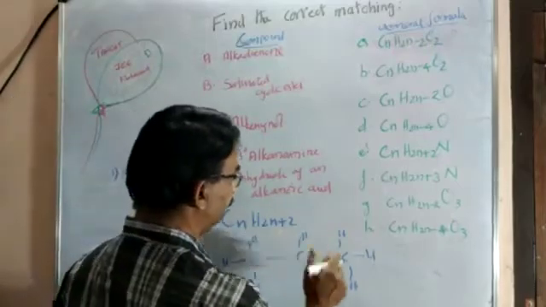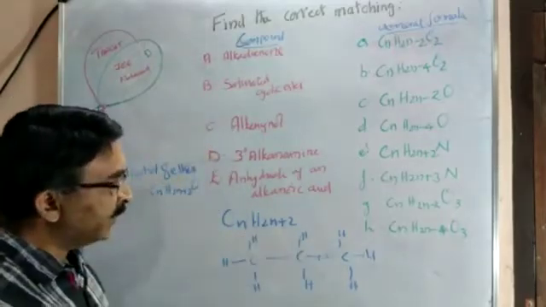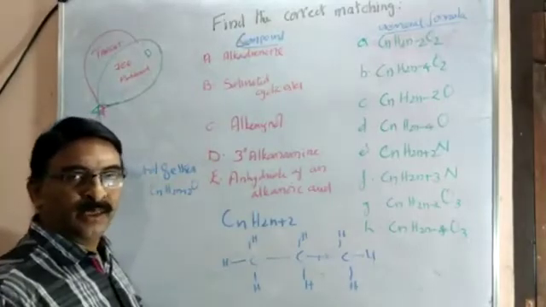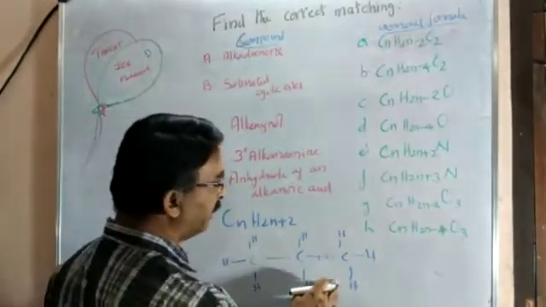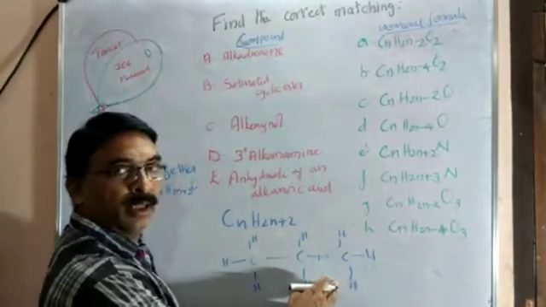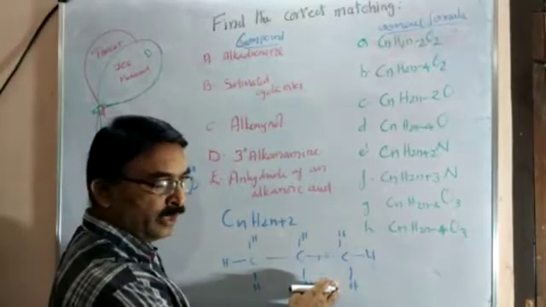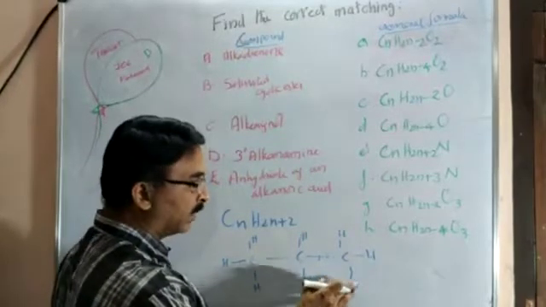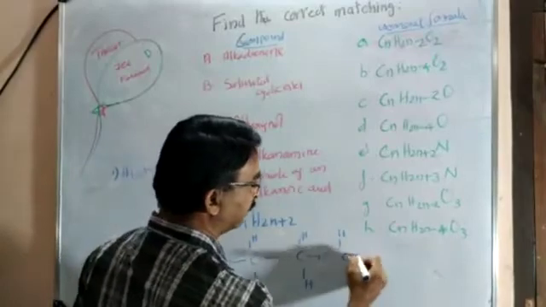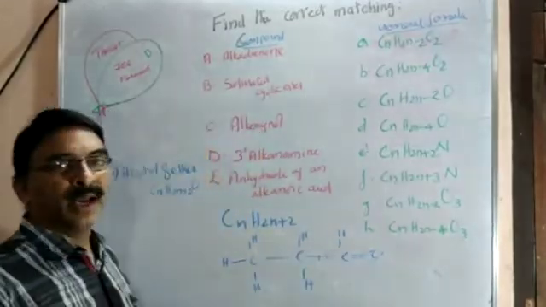Now, suppose instead of inserting an oxygen, you replace two hydrogens from a terminal carbon by a divalent oxygen. You have an aldehyde.